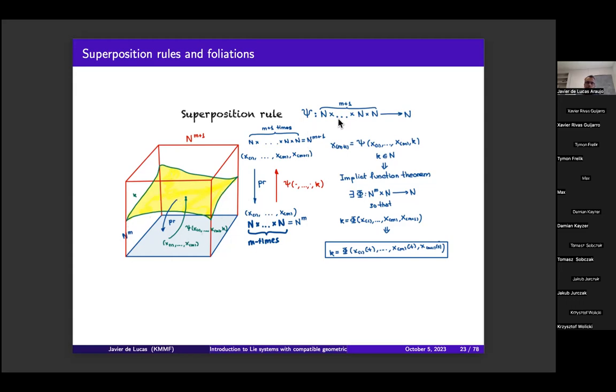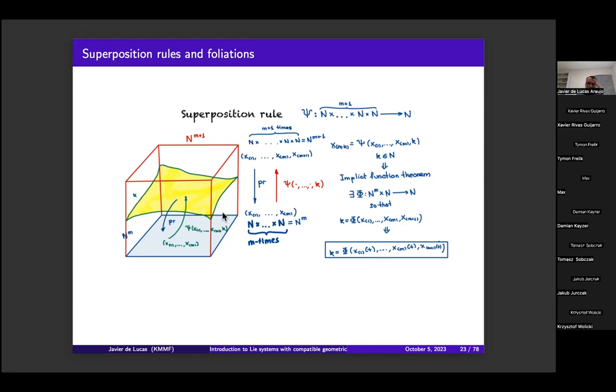They think that the standard superposition rule is a way of lifting, and we can consider a new mapping, a little bit different, which is defined on n+1, but for every n+1 solution points, which correspond to m undegenerated solutions, they give you the k of the lift superposition rule.